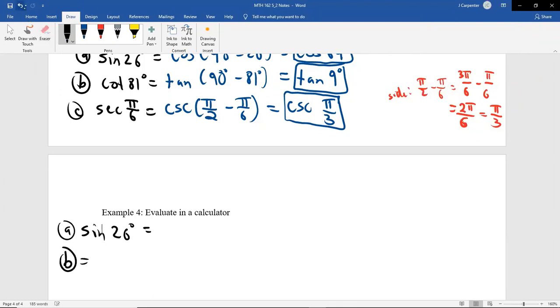For B, why did I do it equals? Because I was looking at one. The cosine of 3 pi over 11. Not a very common angle, but that's all right. For C, we're going to do the tangent of 428 degrees. And then for D, we'll do the cosecant of 45 degrees.